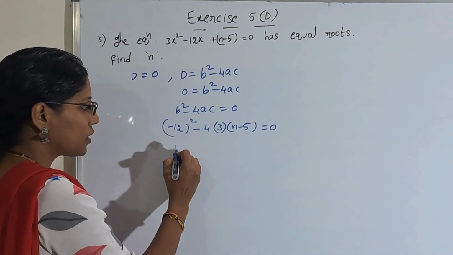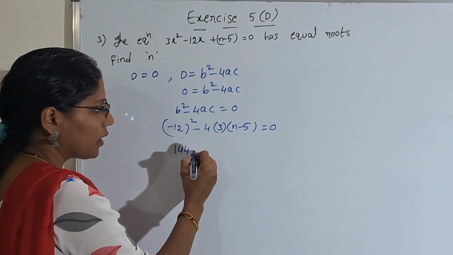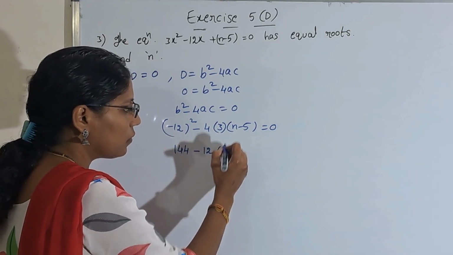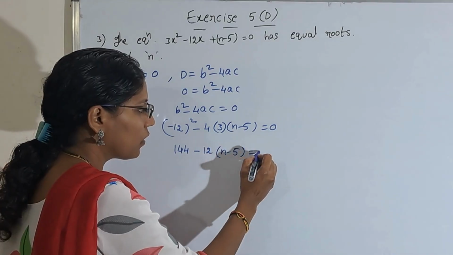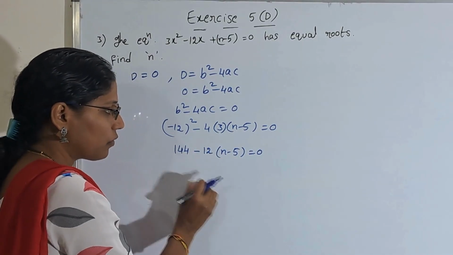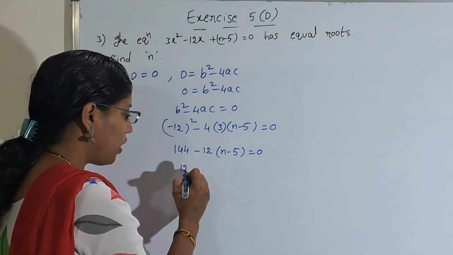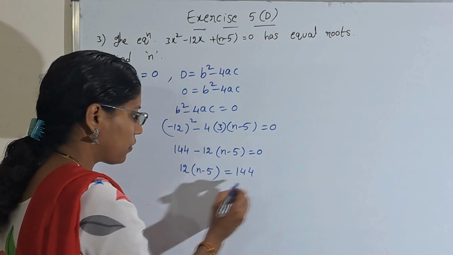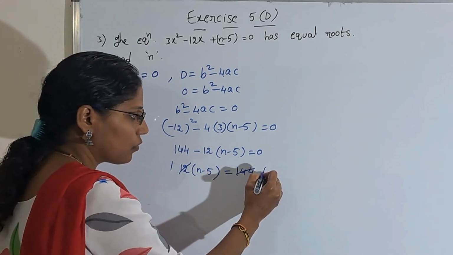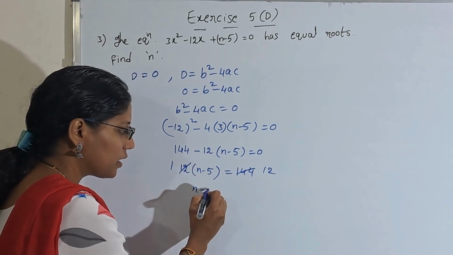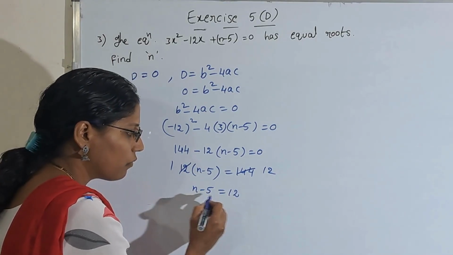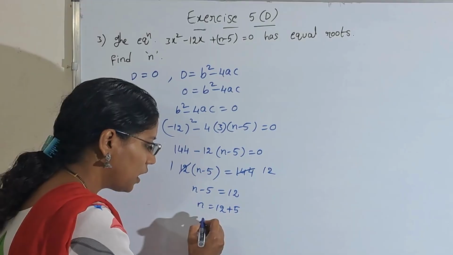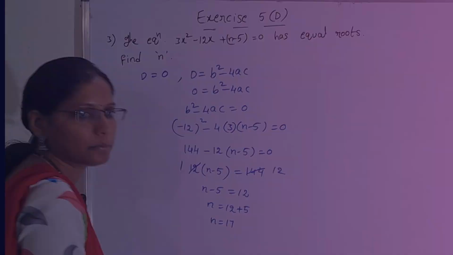Here 12 12s are 144 minus 4 3s are 12 into n minus 5 equal to 0. Here 144 we have to shift to the right side. 12 of n minus 5 is equal to 144. Here n minus 5 is equal to 12. 5 we have to shift to the right side. n is equal to 12 plus 5. n is equal to 17.